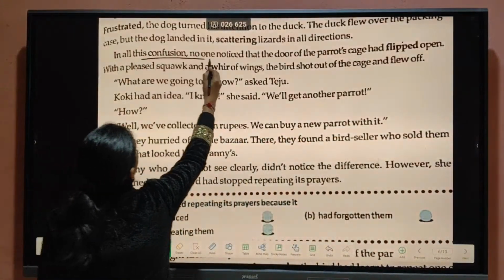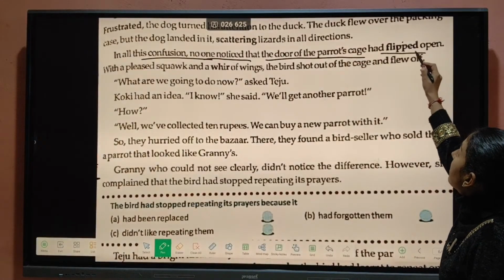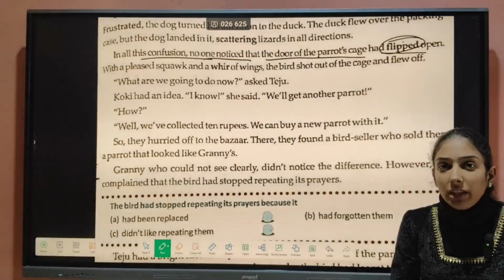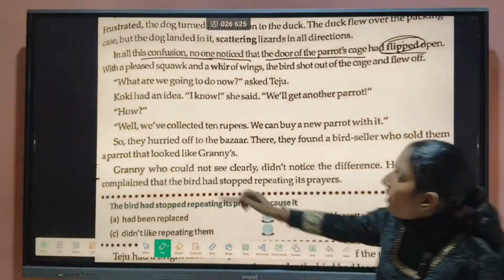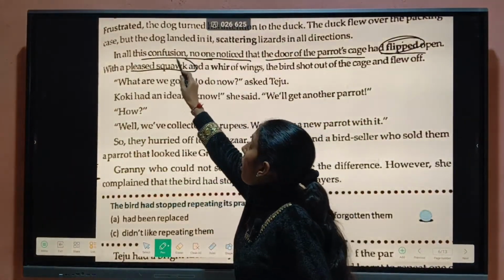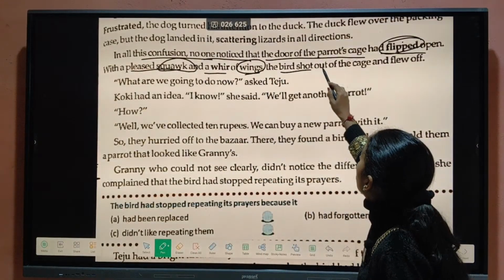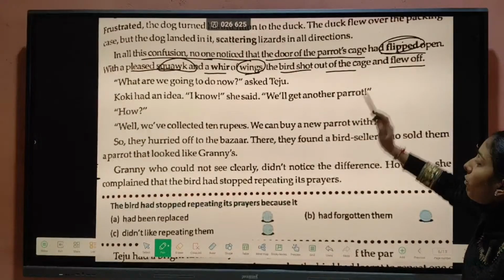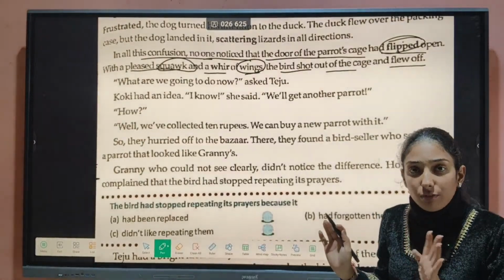In all this confusion, no one noticed that the door of the parrot's cage had flipped open. Okay, the door of the parrot's cage was open. With a pleased squawk and a flutter of wings, the bird shot out of the cage and flew off. Now the cage of the parrot was open and the parrot flew away.